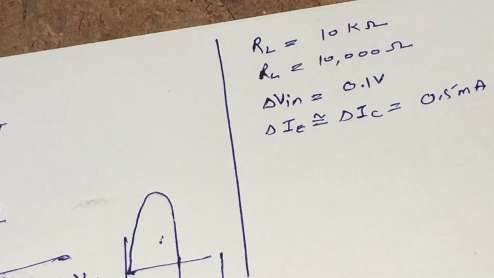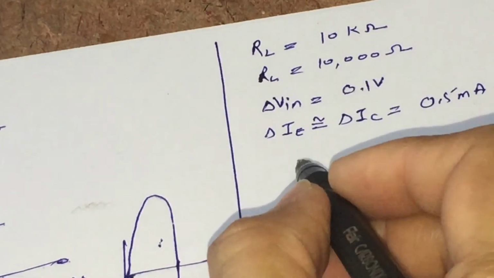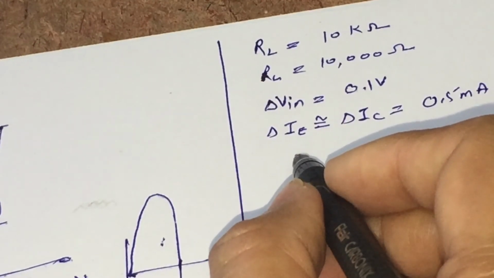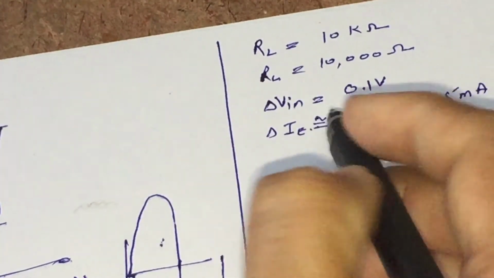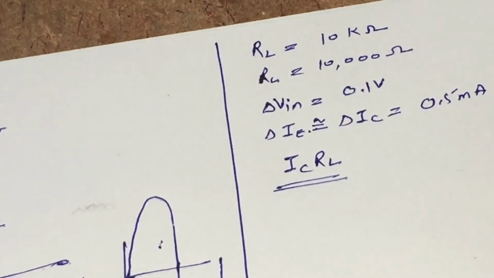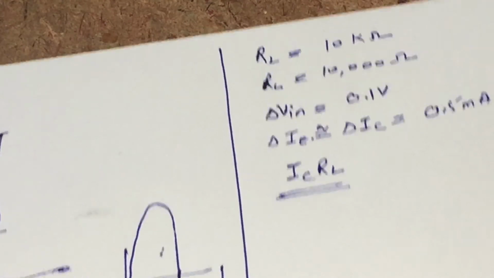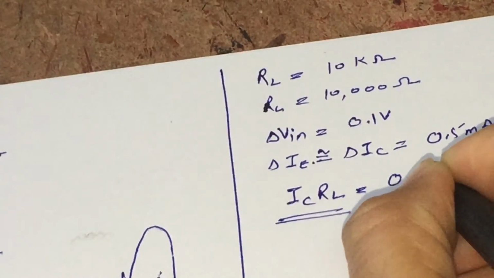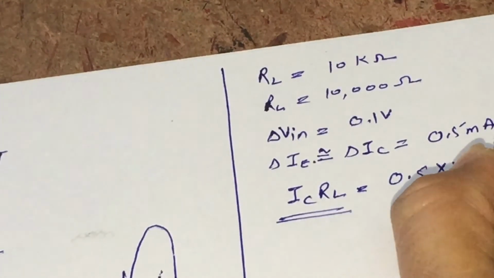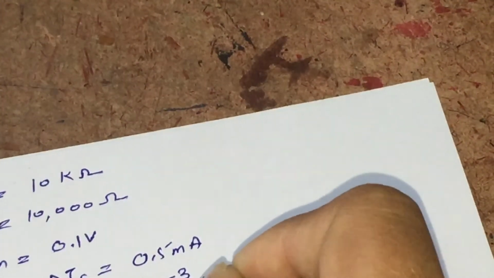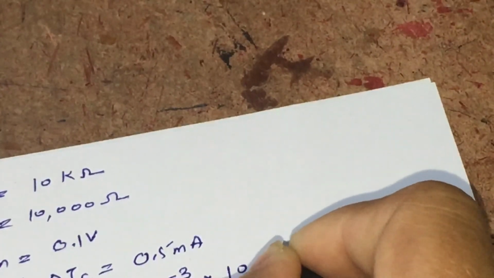0.5 milliampere. As we know that the output is depending upon input, and in our case the output is taken from the load resistance, and the voltage across the load resistance is IC into RL, then in this case IC is 0.5 milliampere, that is 0.5 into 10 raised to power minus 3 ampere, and we have considered the load resistance as 10 kilo ohm.